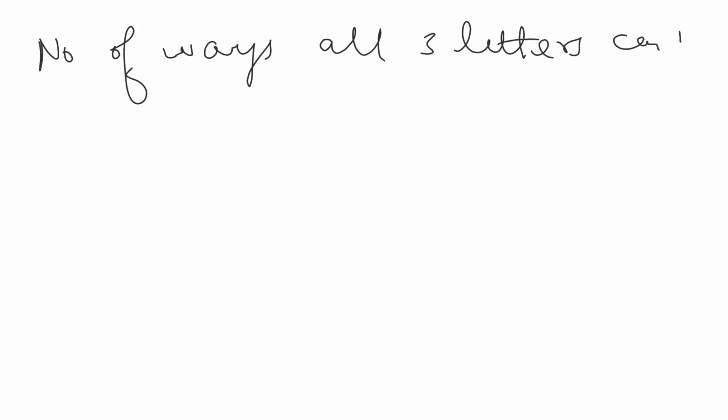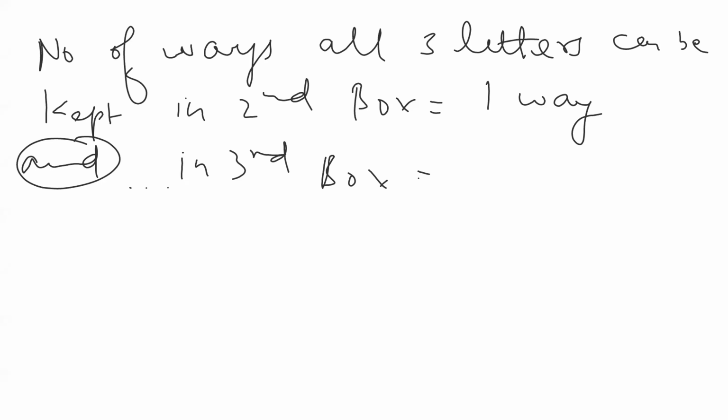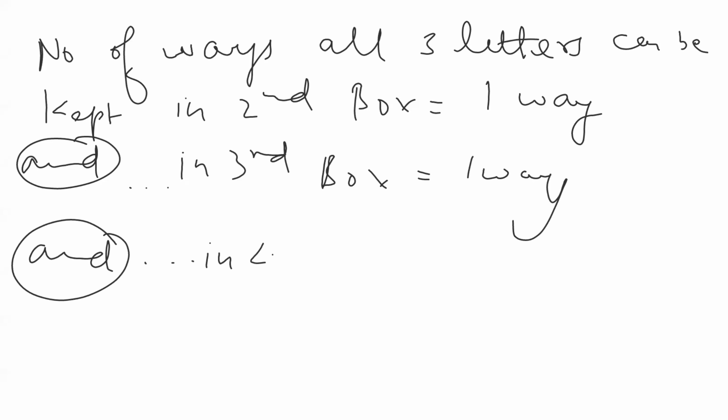The number of ways all 3 letters can be kept in the second box is equal to one way. There is only one way of putting all 3 letters in one box. And in the third box, the statement will be the same. That is also one way. And all 3 letters in the fourth box, this is also one way.